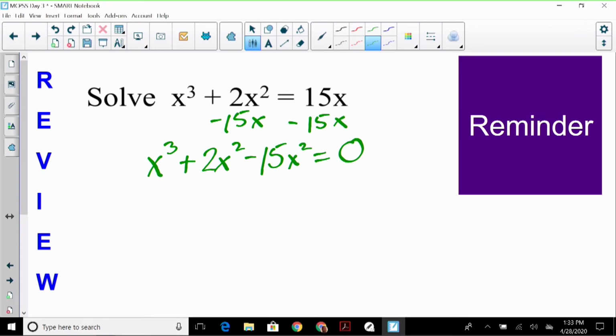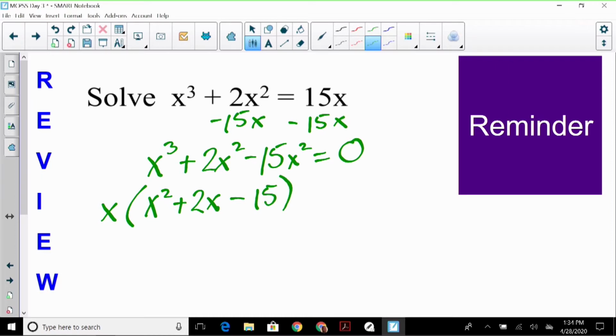And notice this is a trinomial, three terms. There is a greatest common factor in all three of those terms. The common factor is x. So if we factor out an x, that leaves us with x. We take an x away, that's x to the second. That leaves us with 2x. And that leaves us with negative 15.